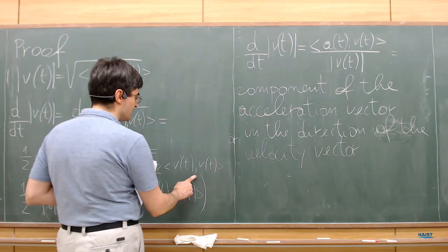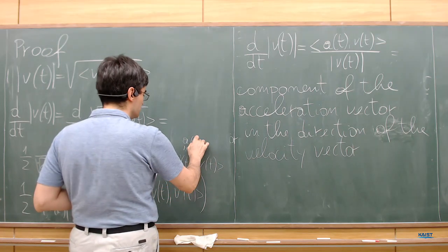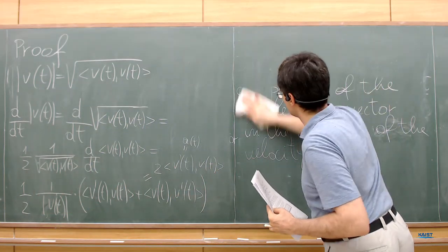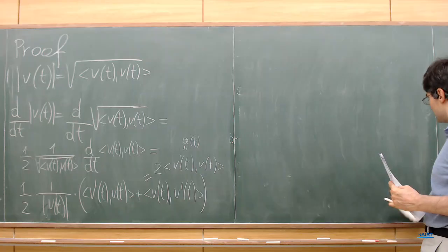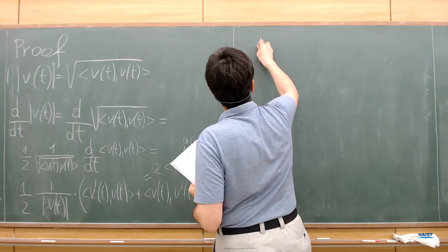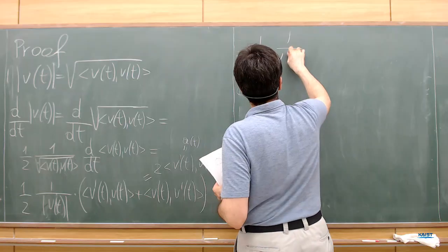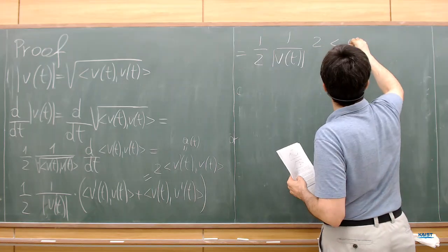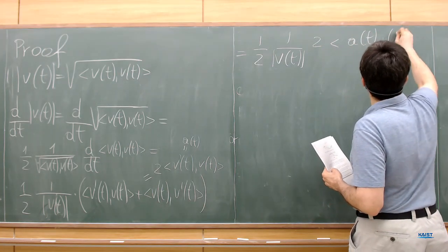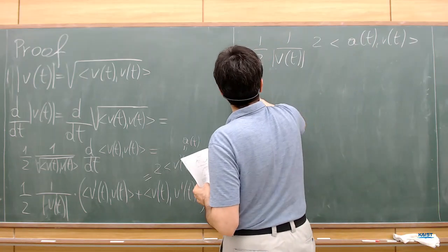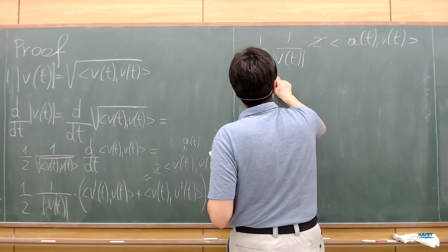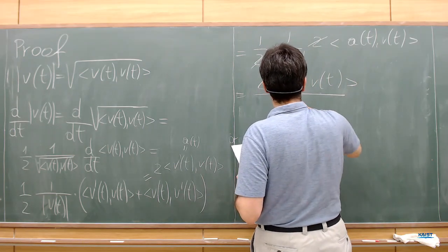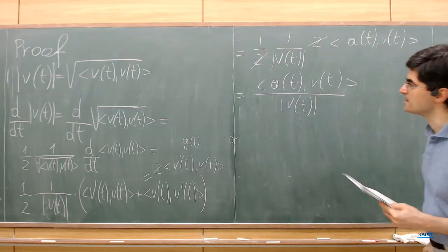But V prime of t is A of t, and we get the following identity: 1/2 times 1 over the length of V of t times 2 times the inner product of A of t with V of t, and this is equal to the inner product of A of t with V of t divided by the length of V of t. And this is the end of the proof.